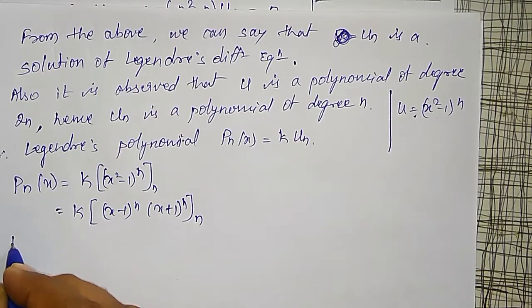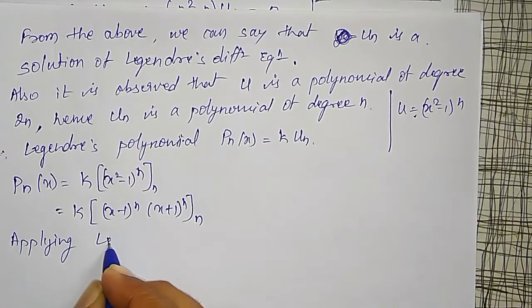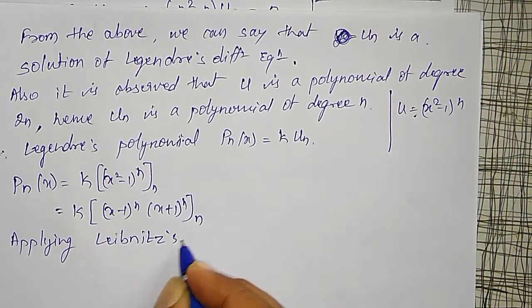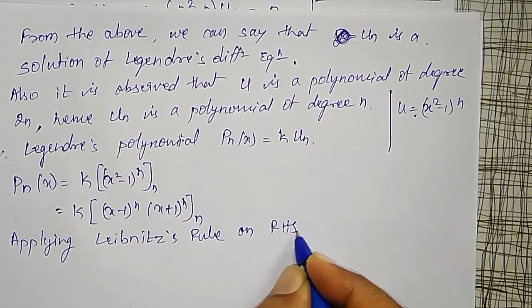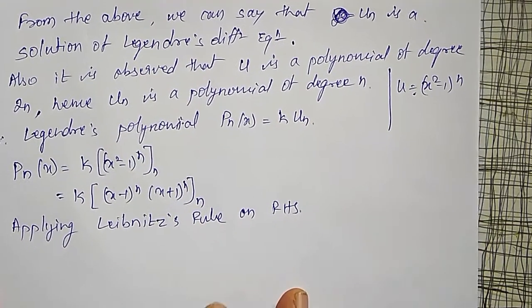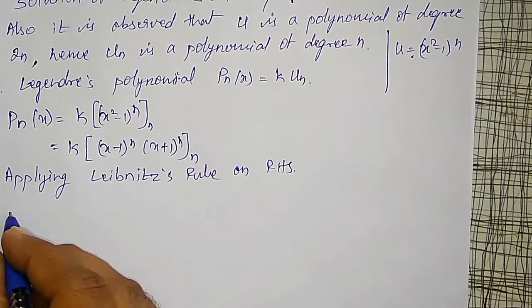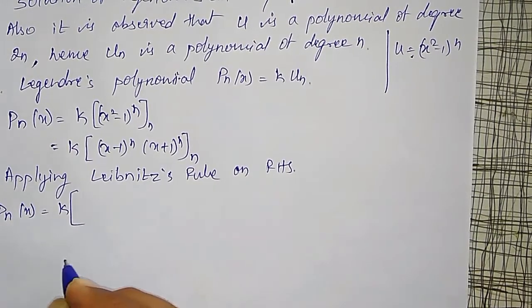Applying Leibniz rule on the RHS, Pn of x is equal to k into bracket.